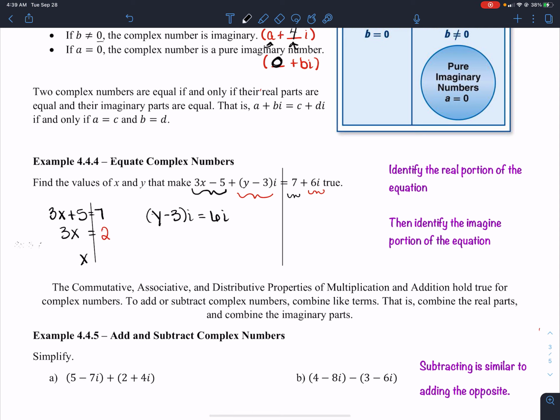So then I get x is equal to 2/3. Okay. Now we've got to find the y value. So I'm going to rewrite this so that the i is not in the equation. I'm just looking at those values. So I have y minus 3 is equal to 6. The i is still here, but it's just off to the side. Okay? So then I have y equals 9i.